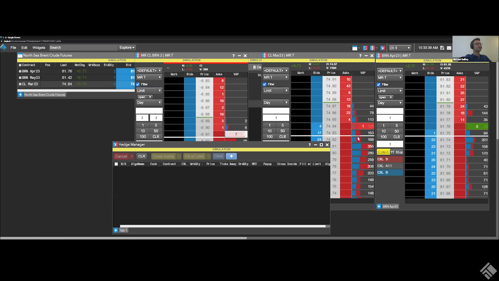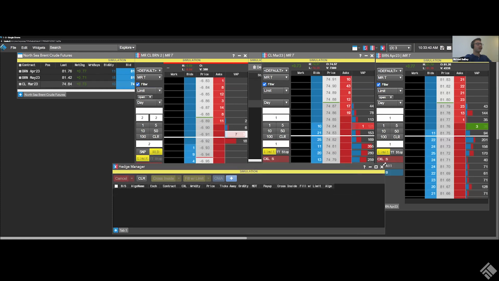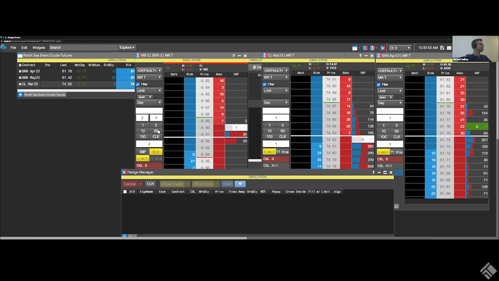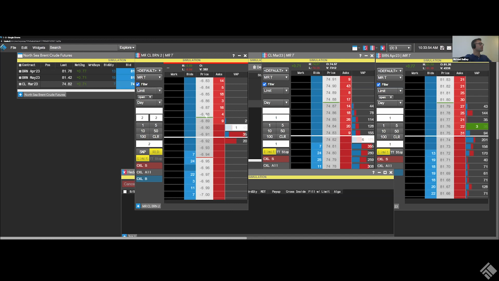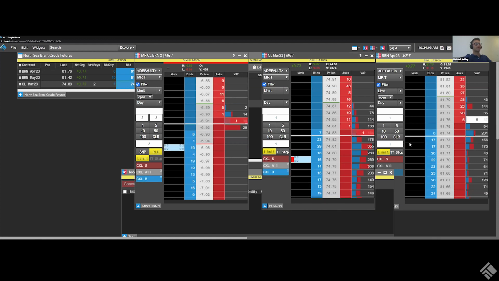What the hedge manager is going to do is list all of our hedge orders that have been placed on the accounts that are associated with our user. So anything that we can see that is a hedge order. Now, if we go back to our spread and we place an order, again, we're only looking to quote in a single order.